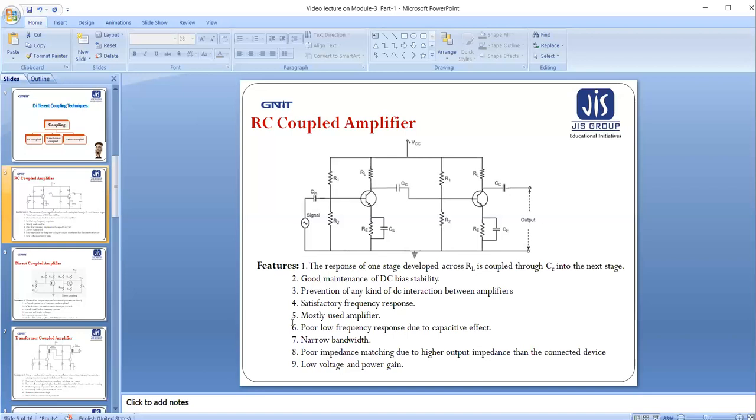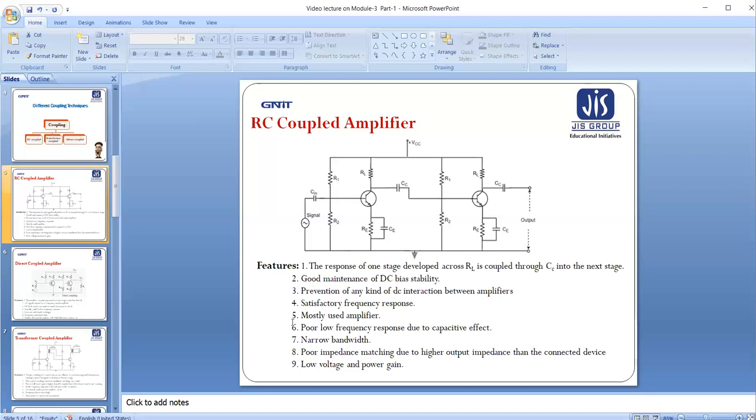Next, due to this type of behavior, it has a narrow bandwidth, because as we have observed it has a poor low frequency response, so we have to cut down this low frequency range. It will be satisfactory only for the high and mid frequency. Therefore it has a narrow bandwidth, meaning its operation region is narrower.